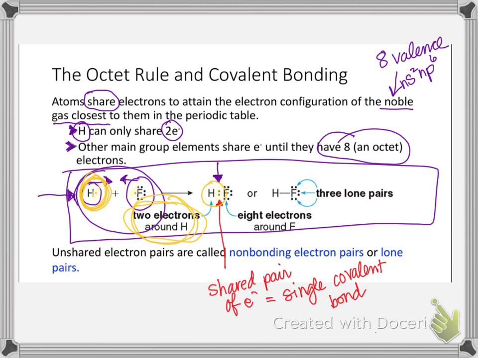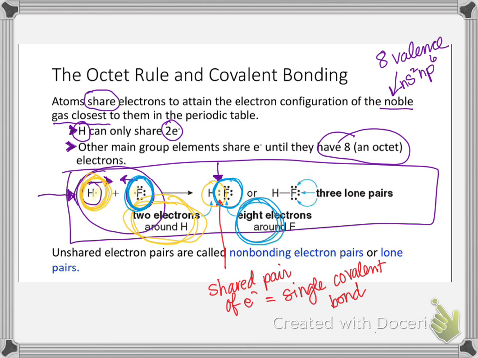And then I look at fluorine, and if I look at fluorine, including the shared pair, it now has 8 electrons around it. So it started with 7, but by sharing, it now has 8. So when they talk about having 8, like the noble gas closest to them, by sharing, that's what they're talking about.